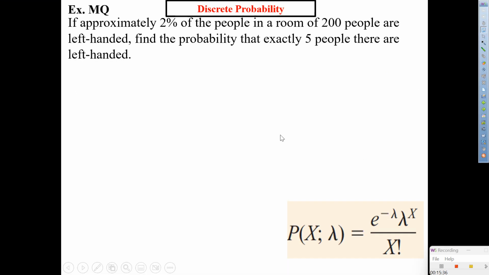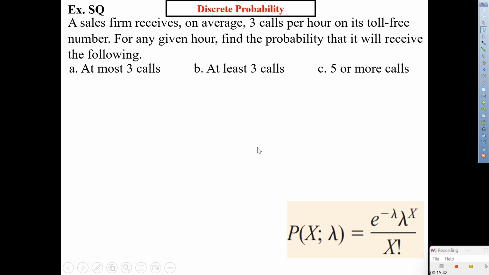All right. Now look at this one before you start writing down stuff. Look up example super Q. Reads. A sales firm receives on average 3 calls per hour on its toll-free number. For any given hour, find the probability it will receive the following.